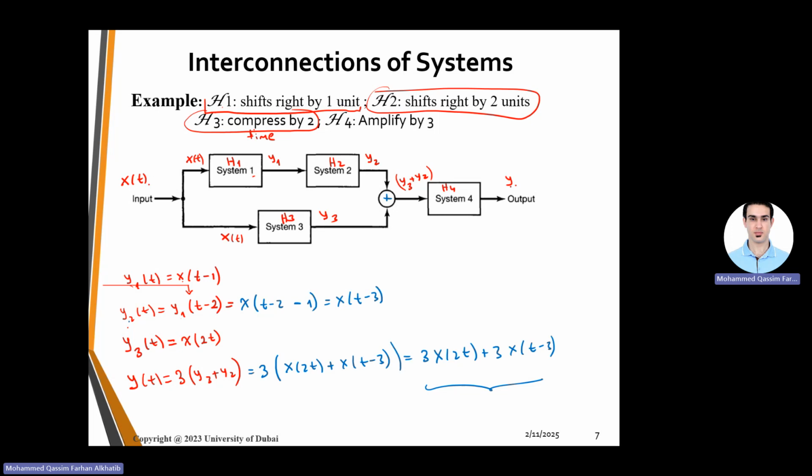So my input is x of t, and when you do the shift, here is my output: x of t shifted to the right, so it's going to be x of t minus 1.